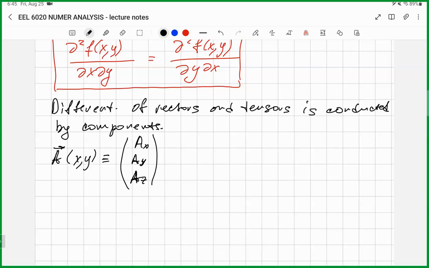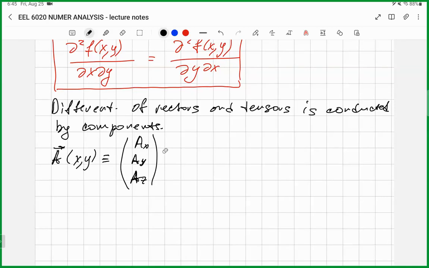In another coordinate system, like spherical, it would be Ar, A theta, A phi. In cylindrical coordinate system, it could be A rho, A z, A phi, something like that.